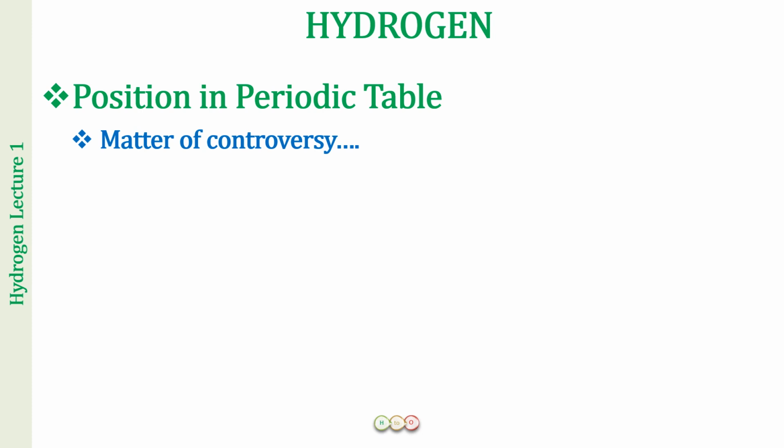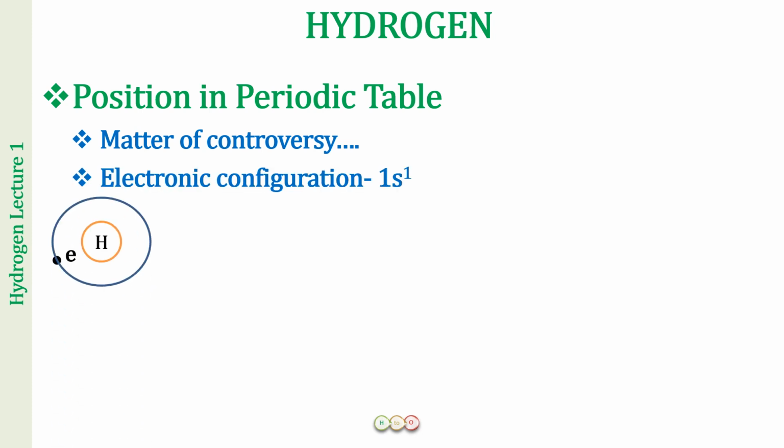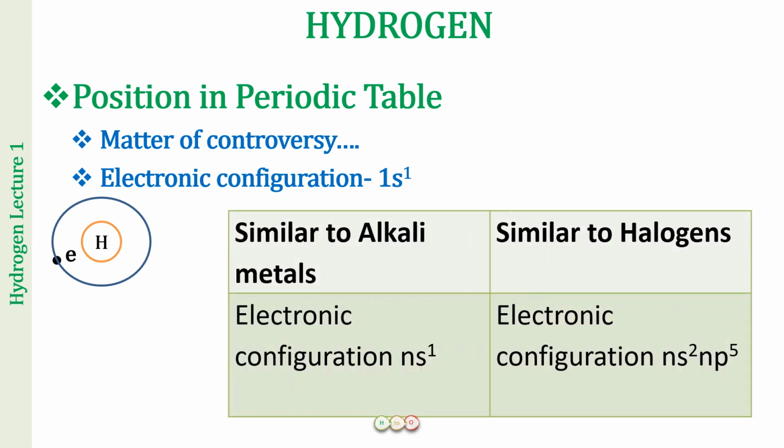You all know now that the electronic configuration of hydrogen, which is 1s1, is quite similar to that of alkali metals, which have the general electronic configuration ns1. Lithium has 2s1, sodium has 3s1. These all have a similar electronic configuration to that of hydrogen, and that is why hydrogen is placed in group 1 with the alkali metals.